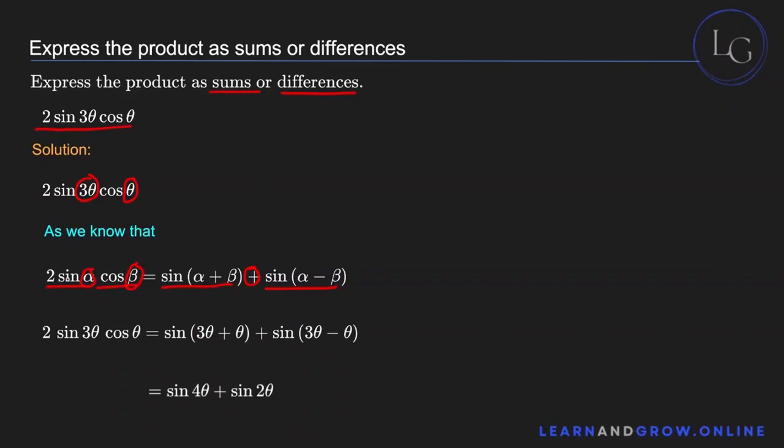So this 2 sine 3 theta cos theta is equal to sine of 3 theta plus theta, plus sine of 3 theta minus theta. So in the end you get sine 4 theta plus sine 2 theta, and that's really just as simple as that.